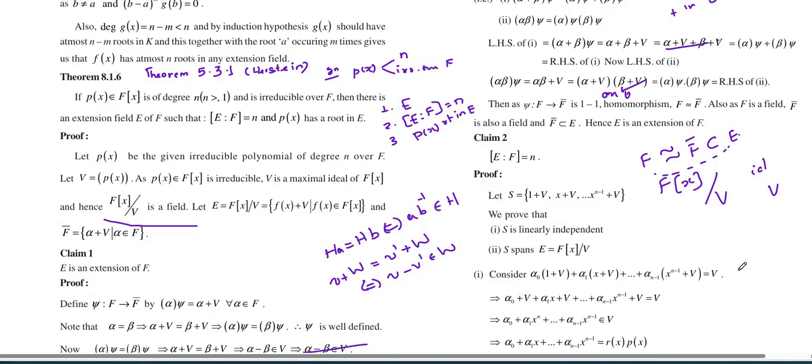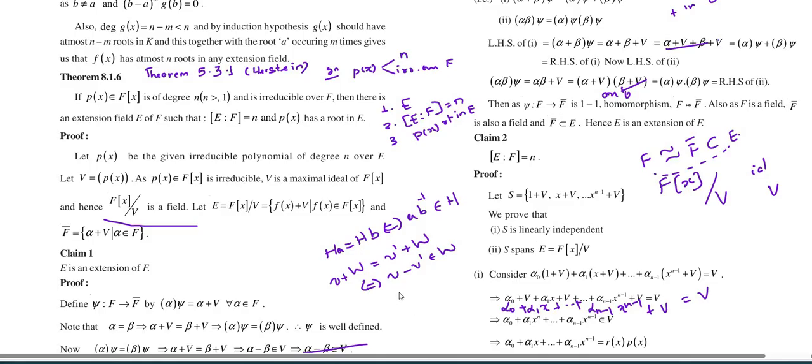So you have this. And by the definition of scalar multiplication and addition, you can rewrite this in this way. And again, one more step: you can have alpha naught plus alpha 1 x plus and so on, alpha n minus 1 x power n minus 1, plus v equals v.